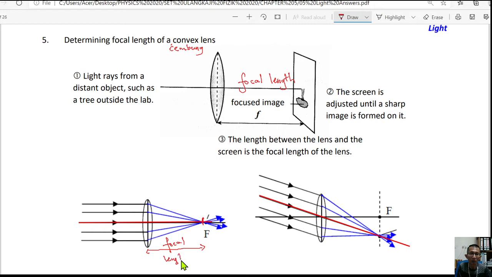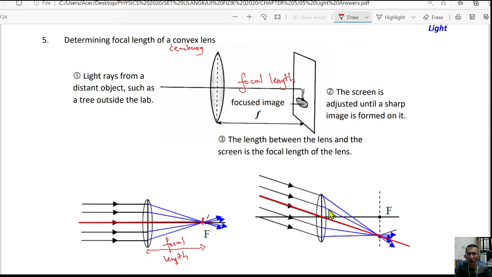But what if the lines are not parallel? No problem. What I do first is draw this line going through the center of the optic. It will just go straight. Then suppose here is my focal point, so I draw a line going straight down, and all these slanted lines will converge to a point on this line, where they intersect the red line at this point.